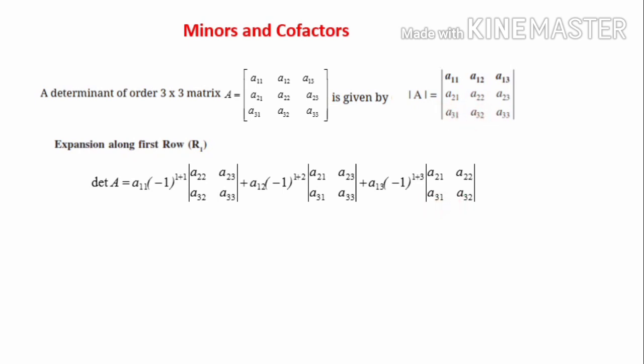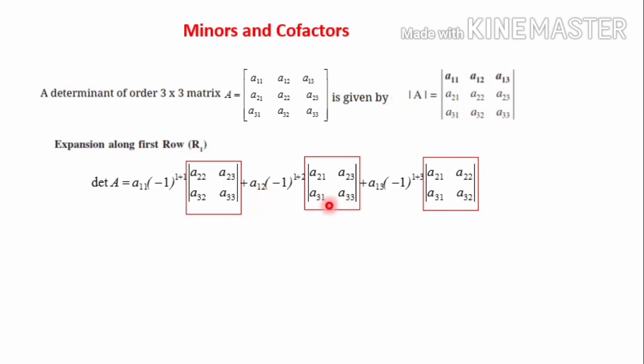And here in these determinants, while taking A11, that column and row is eliminated. The balance elements, that is A22, A23, A32, A33, and here A12 is taken and that particular column and row is eliminated.